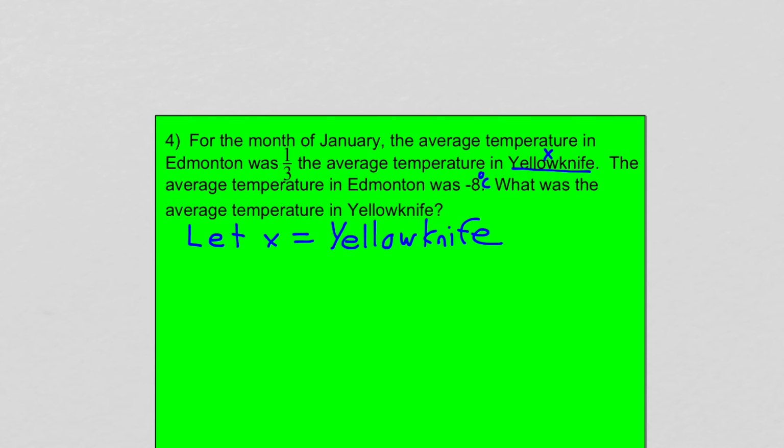Okay, let's translate from English into algebra. The average temperature in Edmonton was 1/3 of x. 1/3 of x means x divided by 3. So if you take 1/3 of x, you will have the average temperature in Edmonton, which was -8.